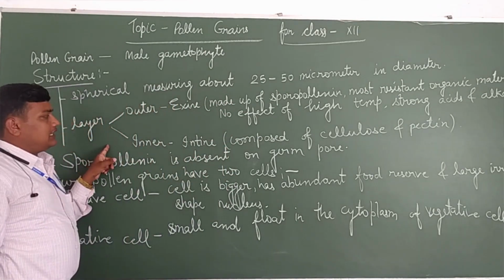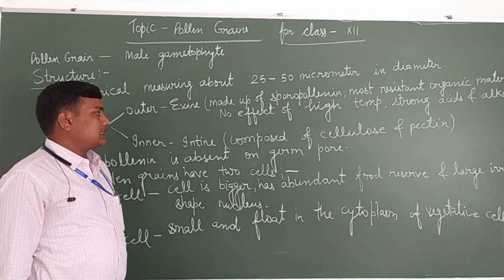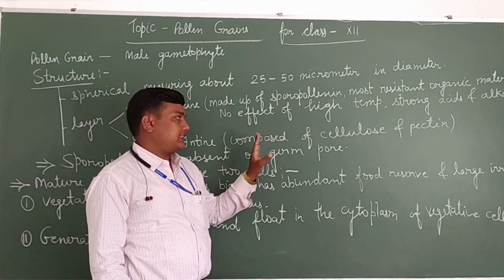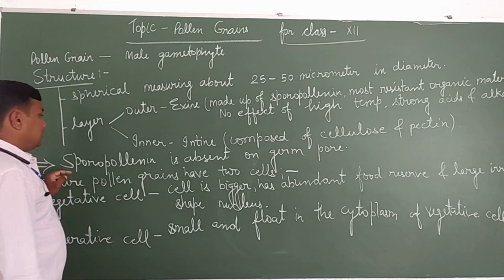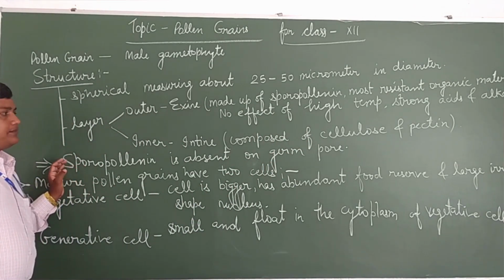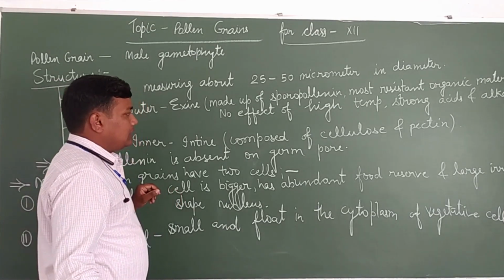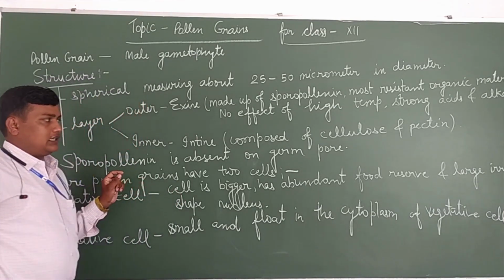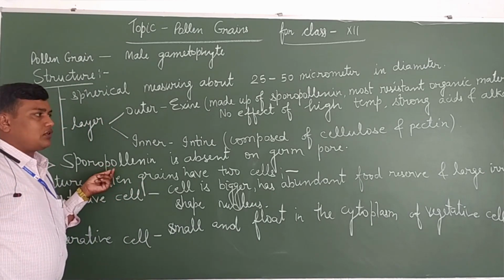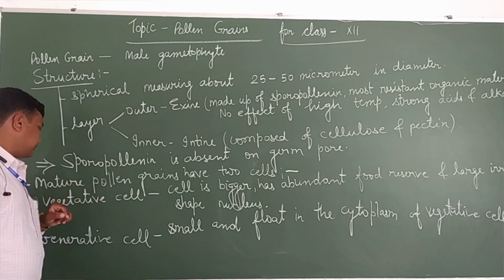The inner layer is the intine, composed of cellulose and pectin. Sporopollenin is absent at the germ pore, and the germ pore is the position from where the male gamete or pollen tube comes out.